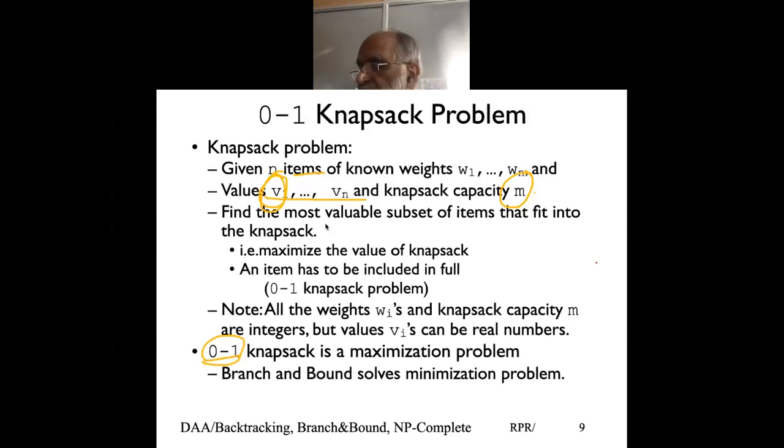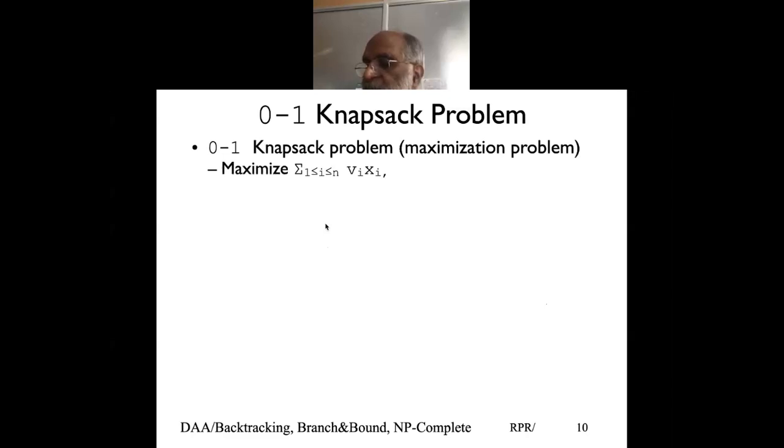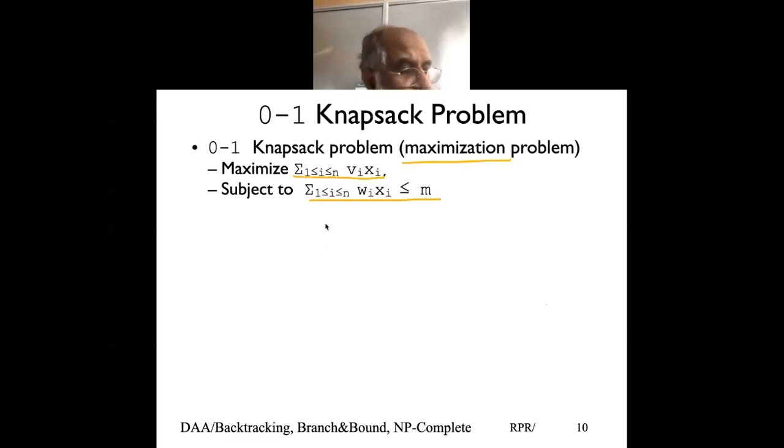Looking at branch and bound, my knapsack problem is to maximize the value subject to the weights being within the capacity. Now we've seen that in branch and bound we always minimize the cost, but this knapsack is a maximization problem. So how do I convert my maximization problem into a minimization problem?